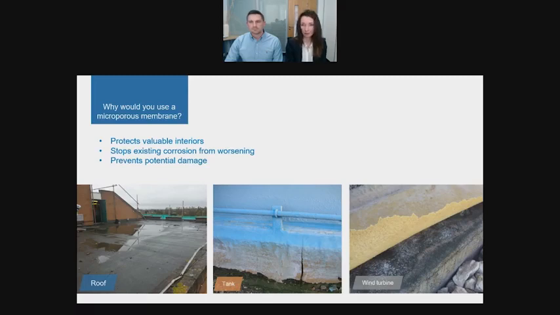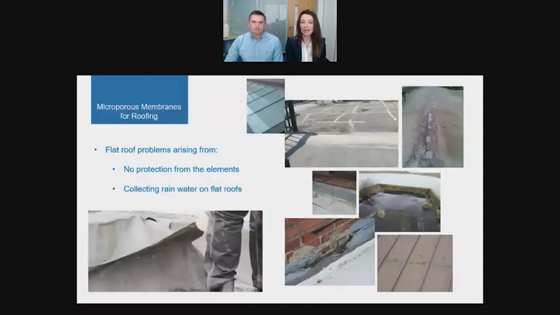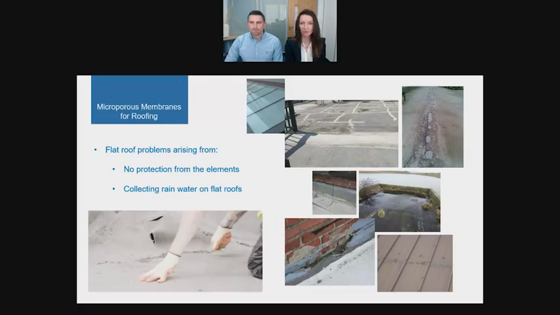But to be a bit more specific, we're going to look at these areas where these systems are most often implemented. And starting with roofing. This is one of the most popular places where our membranes have been used for decades. So sometimes it feels like, especially on flat roofs, the potential for problems is almost impossible to avoid.